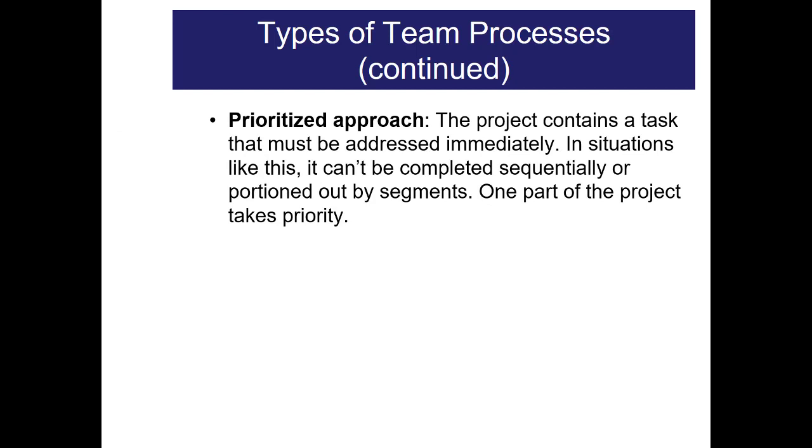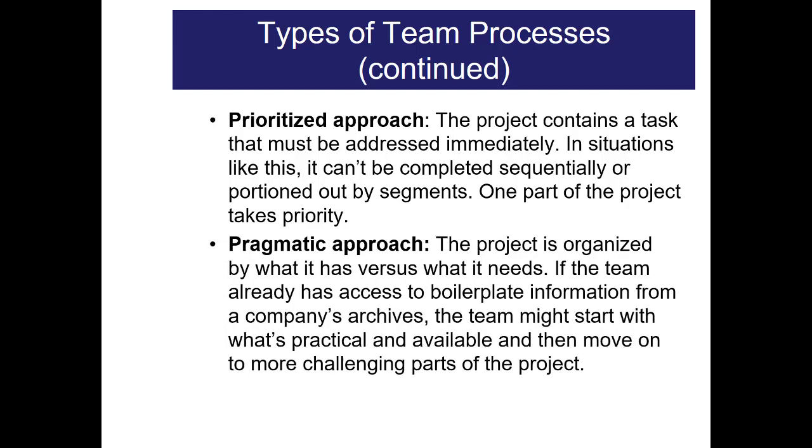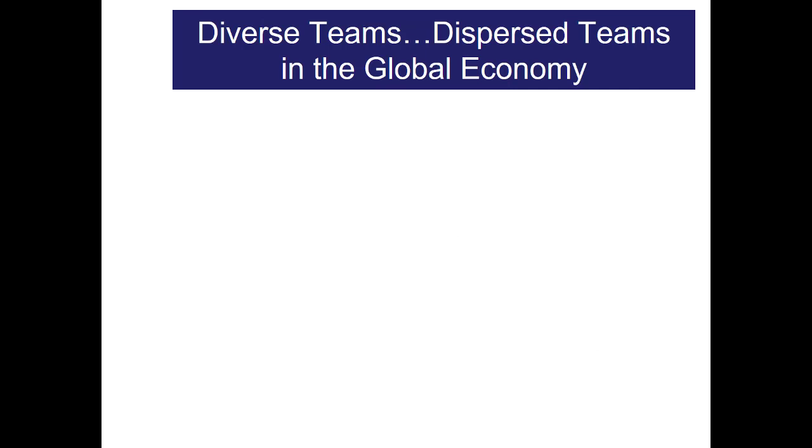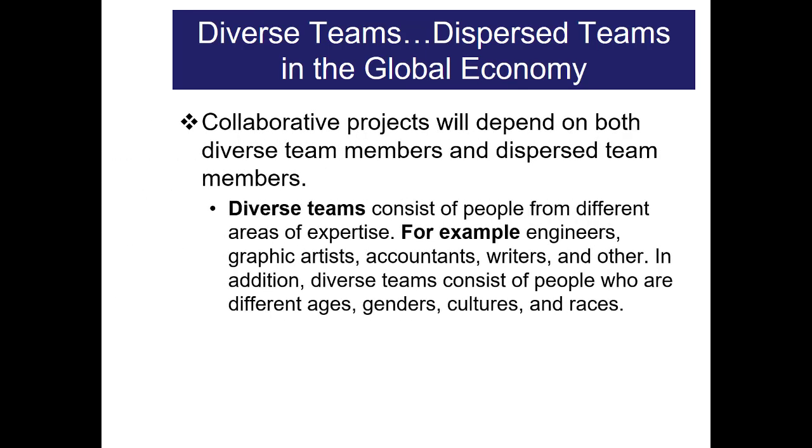Then we have many more. You may prioritize and say, we are starting with this. We start to address this and then you can complete another thing. This cannot be completed in a sequential one. It is not easy. So we have different approaches that we go through. Then we have diverse teams.